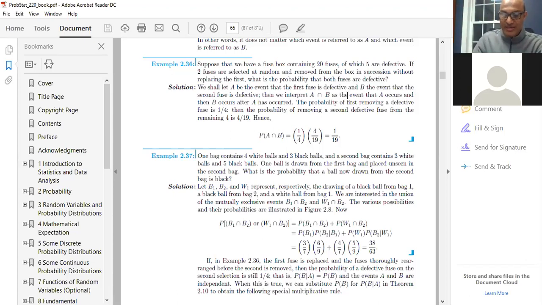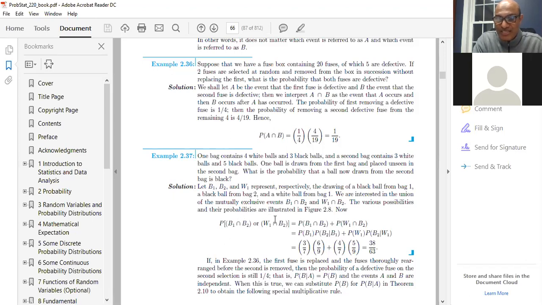So you can see over here, we are interested in the union of the mutually exclusive events, because if this is done, it has nothing to do with this one. So probability of A union B is equal to probability of A plus probability of B, because they are mutually exclusive.